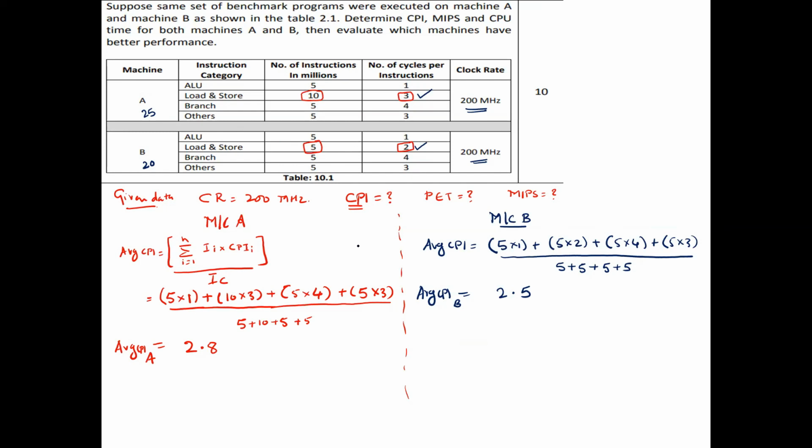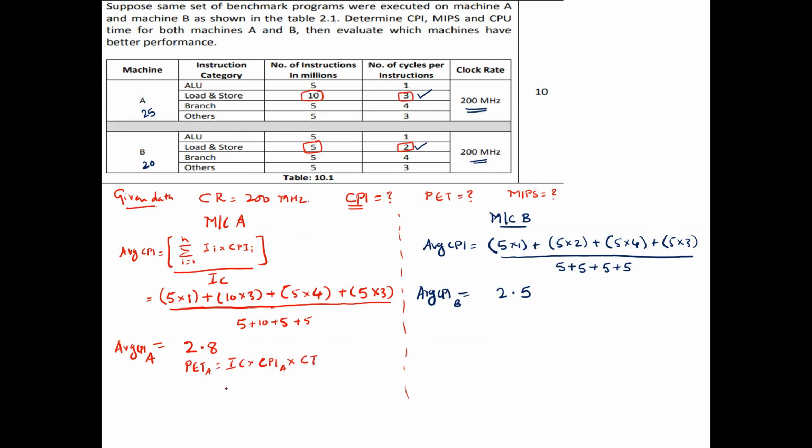Okay. Now next, what do I need to find out now? Program execution time. Now what is program execution time? Program execution time for machine A is instruction count multiplied by average CPI multiplied by cycle time. Now what is cycle time?